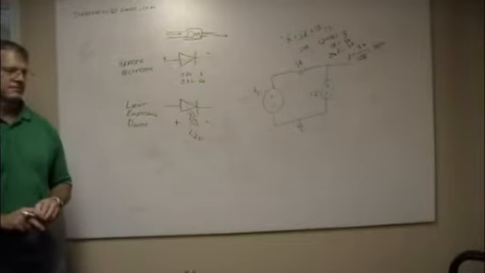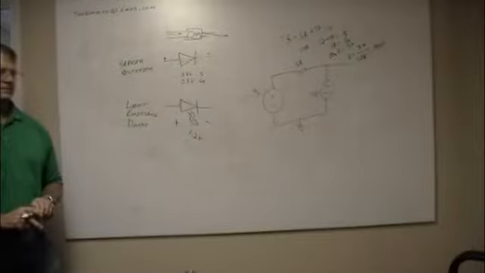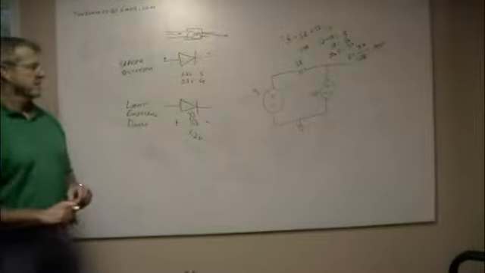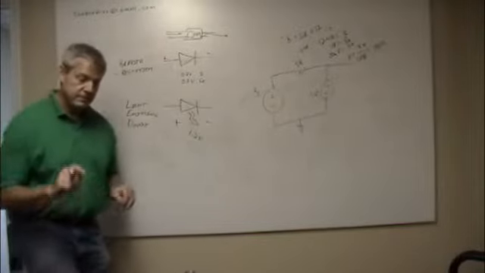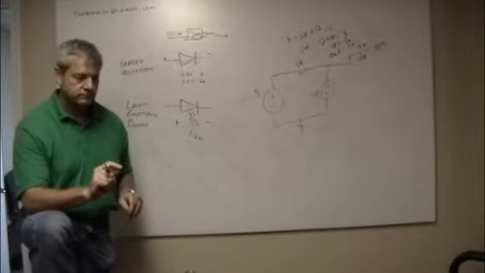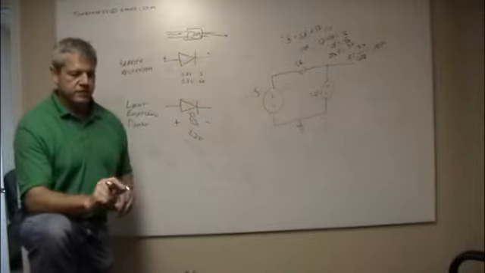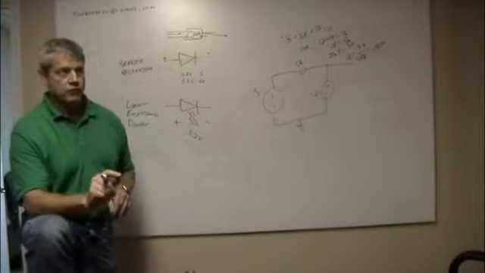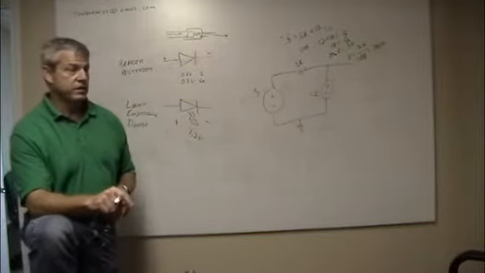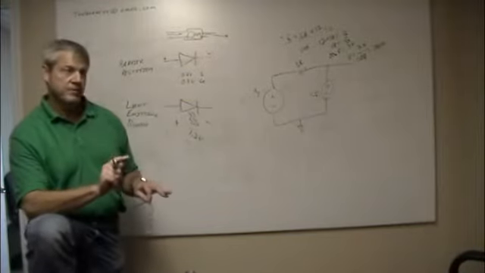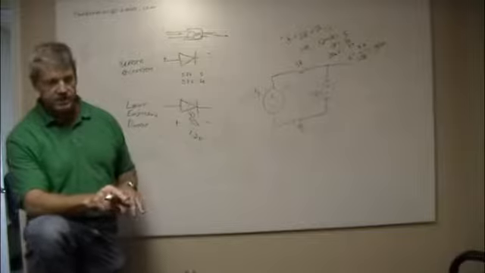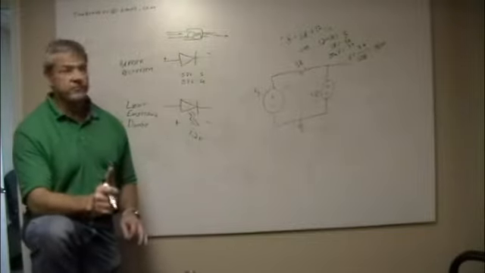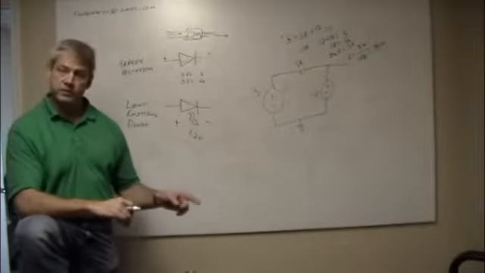And I found out the hard way that different color LEDs have different voltage. They do often. And it's not just that. The energy that's going through them, red is, for instance, a lower energy photon. So if I put the same amount of energy into a red LED, assuming everything else is equal, efficiencies and that kind of thing, it will give me more photons out than a blue one will.